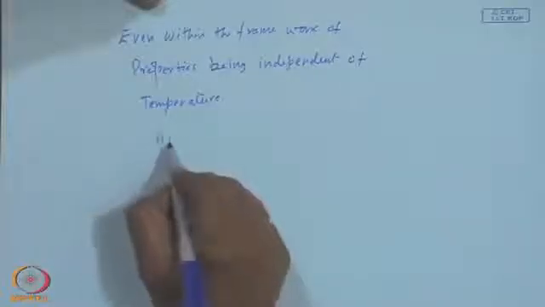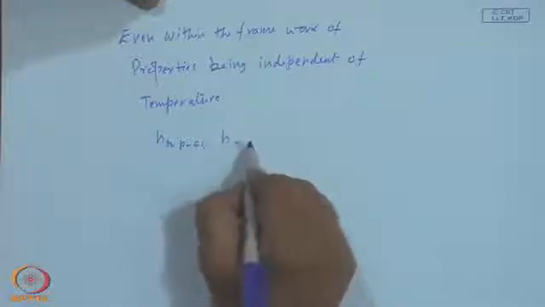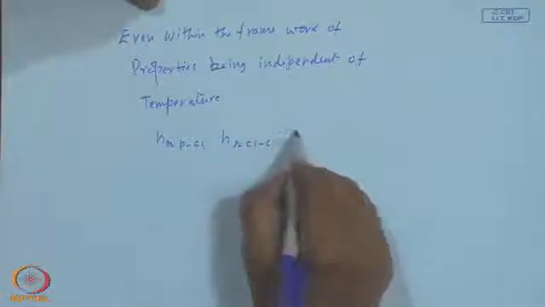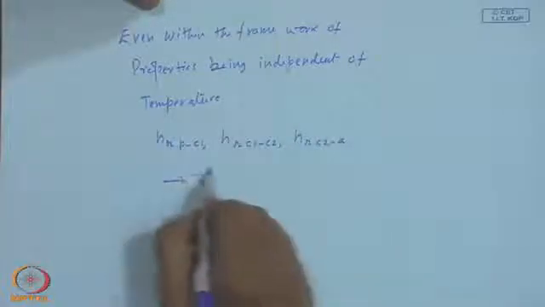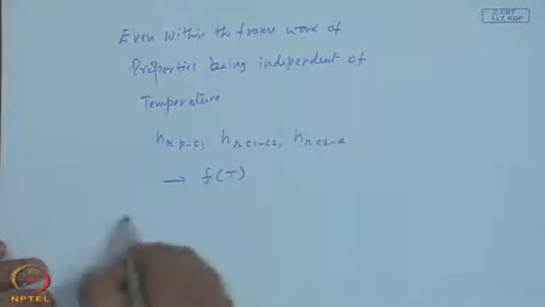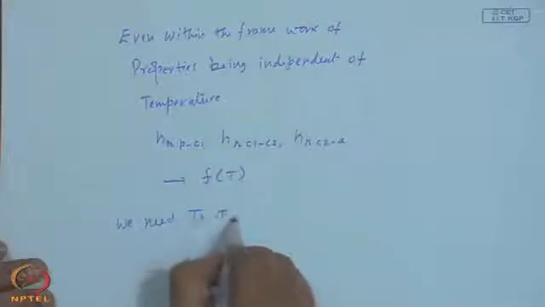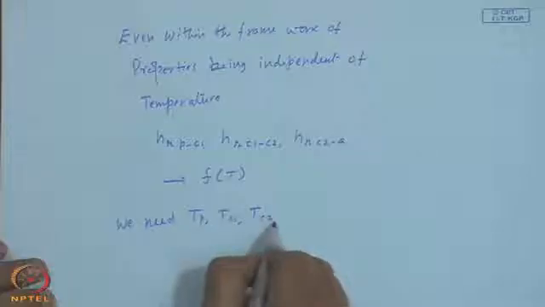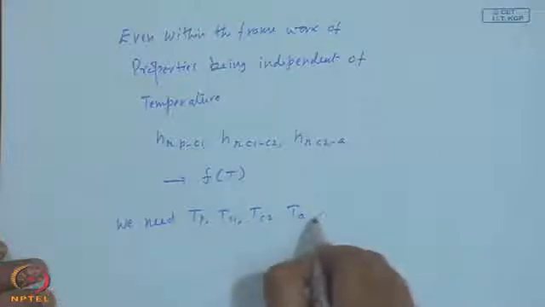But even with all these assumptions, my Hr P2 C1, Hr C1 C2 and Hr C2 A, they are functions of T. In other words, we need Tp, Tc1, Tc2, Ta, and of course, T sky.